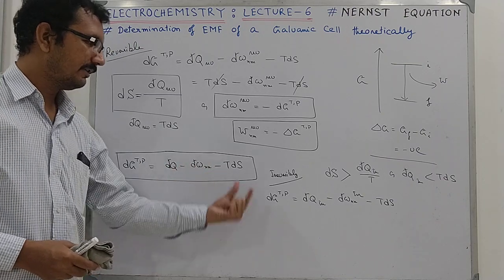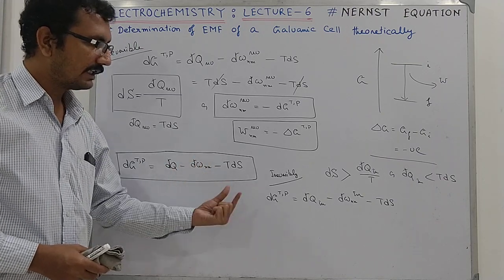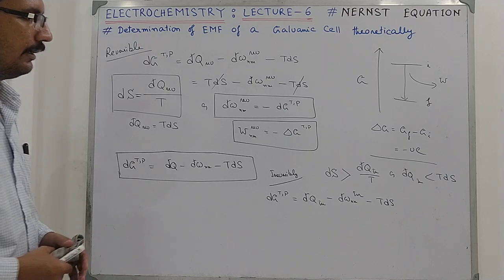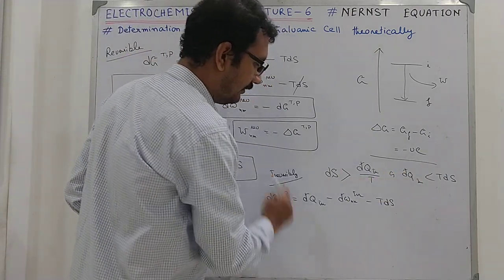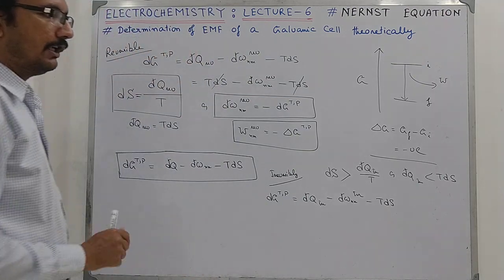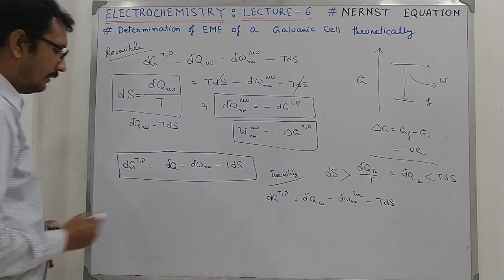You will get d cross q irreversible here and d cross w non-mechanical irreversible. Now you have to put this in this equation. What will you do?